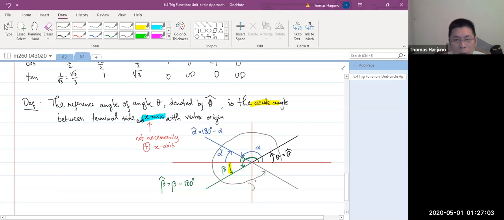Then the reference angle will be this guy here, gamma hat. Now this gamma hat, the reference angle of angle gamma, is 360 degrees minus gamma.